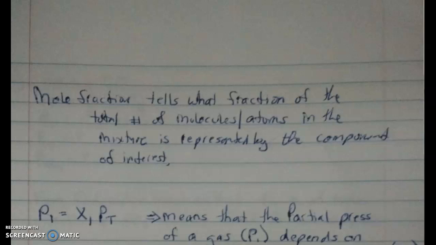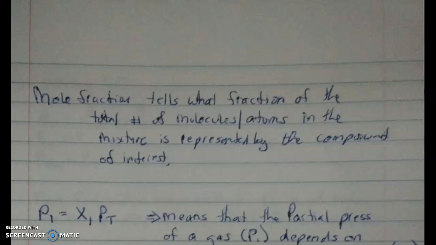So remember, a mole fraction, which is represented by an X, tells what fraction of the total number of molecules or atoms in a mixture is responsible for the component of interest. So the mole fraction is, in essence, what percentage that particular gas is of the total gas mixture.